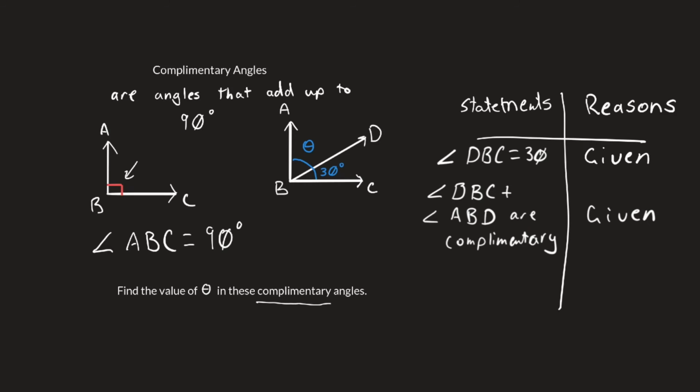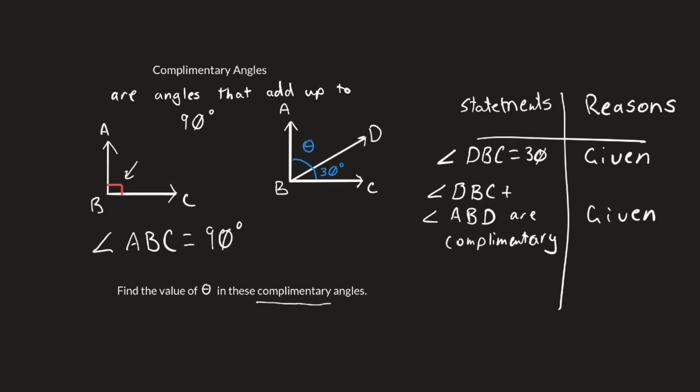So these are two points that we know. We know that angle DBC is 30 degrees because it's been given. And we know that angles ABD, this angle here, and DBC, those two added together are complementary. Now, when we go back to our definition of complementary angles, we know that they add up to 90 degrees.